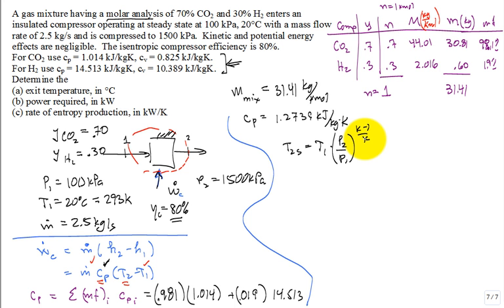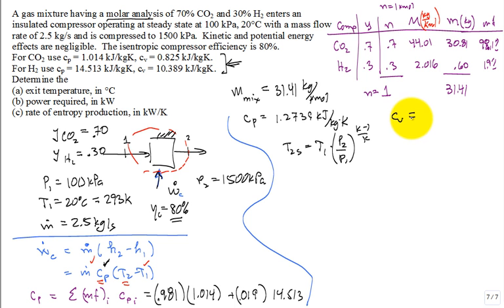Oh, but what is K? 1.4, but that was for air, diatomic. We don't have a diatomic. We have CO2, triatomic, and hydrogen, just a simple H2. Just like we got the molar mass of the mixture and the specific heat of the mixture, I need to get the K of the mixture.